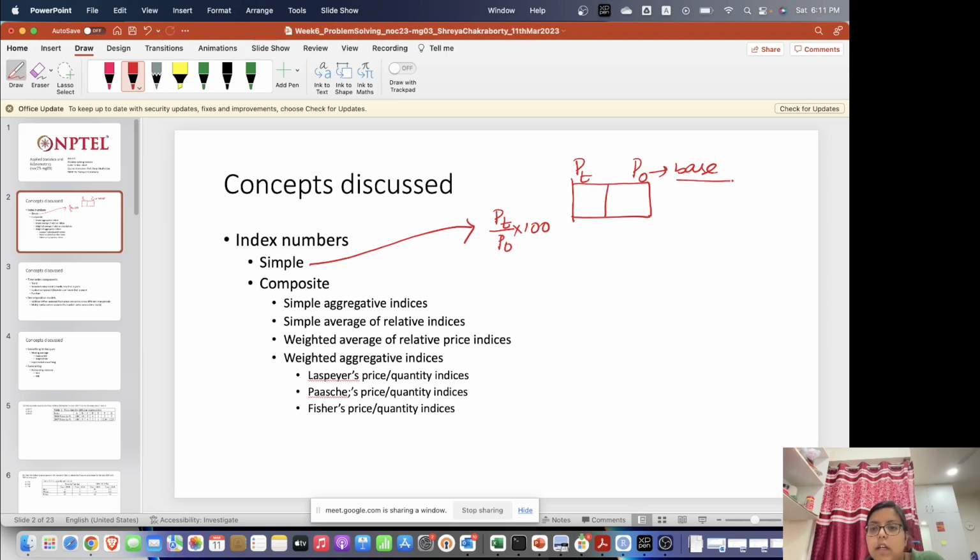And what were the criteria that were specified for selection of the base period? So there were two criteria primarily. The first one was that the base period should not have abnormalities.